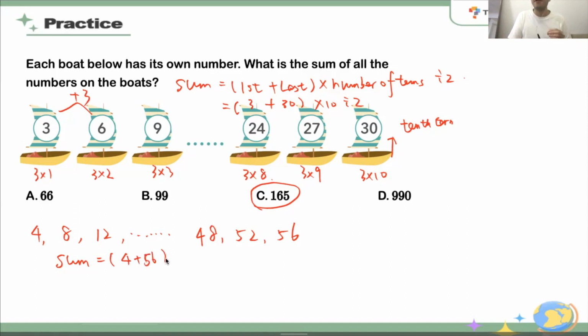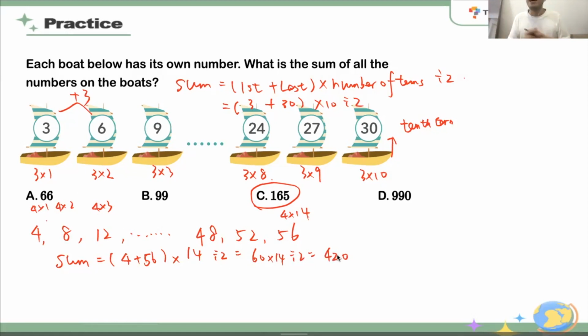In this question, we just add 4 to get the next term. Each term starts from 4 times 1, 4 times 2, 4 times 3, and the last term is 4 times 14. That means we have 14 terms, right? So that is 60 times 14 divided by 2, and we know that is 420.